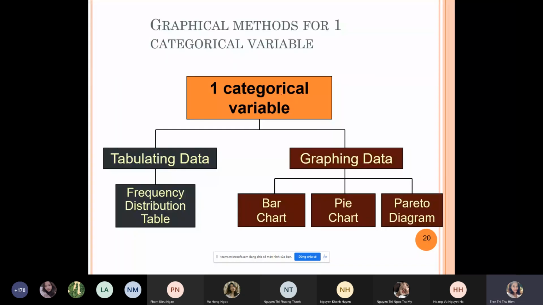In the first lectures, we focus on graphical methods for one categorical variable: tabulating a table, and graphing by using bar charts, pie charts, and Pareto diagrams.